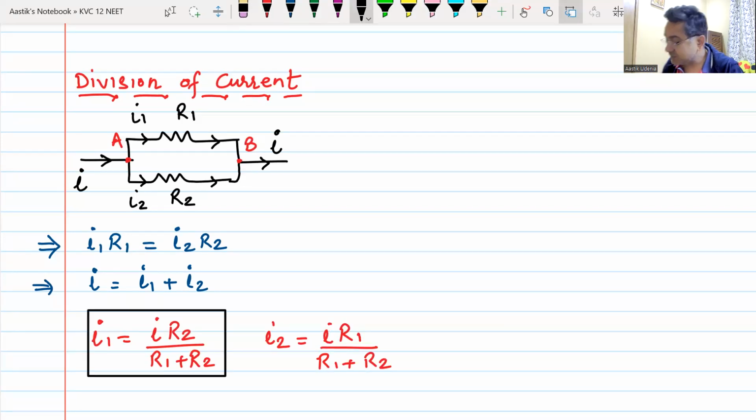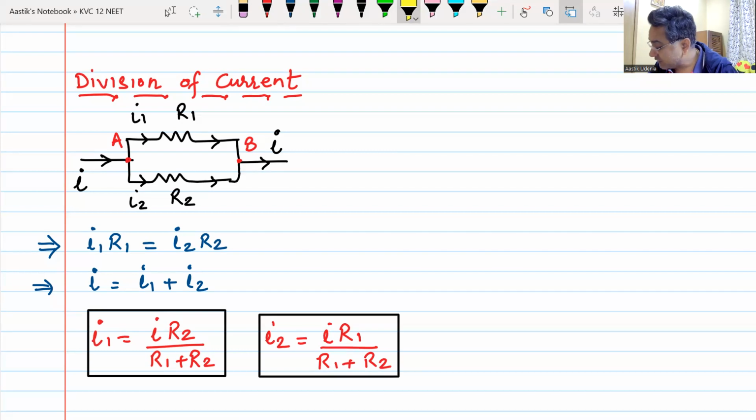The resistor which has more resistance will get less current. The resistor which has less resistance will get more current. Do we understand this? This is what we call division of current. It is always in the inverse ratio of resistors.